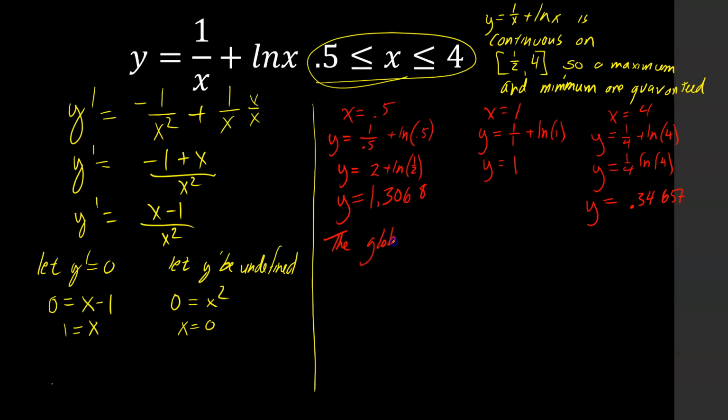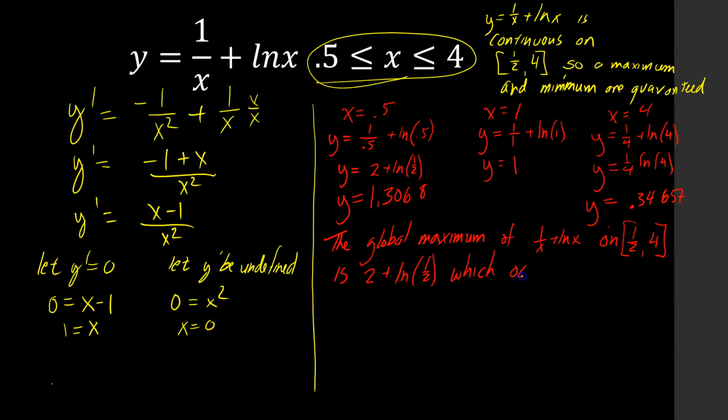So the global maximum of 1 over x plus natural log of x on 1/2 to 4 is 2 plus natural log of 1/2, which occurs at x equals 1/2.